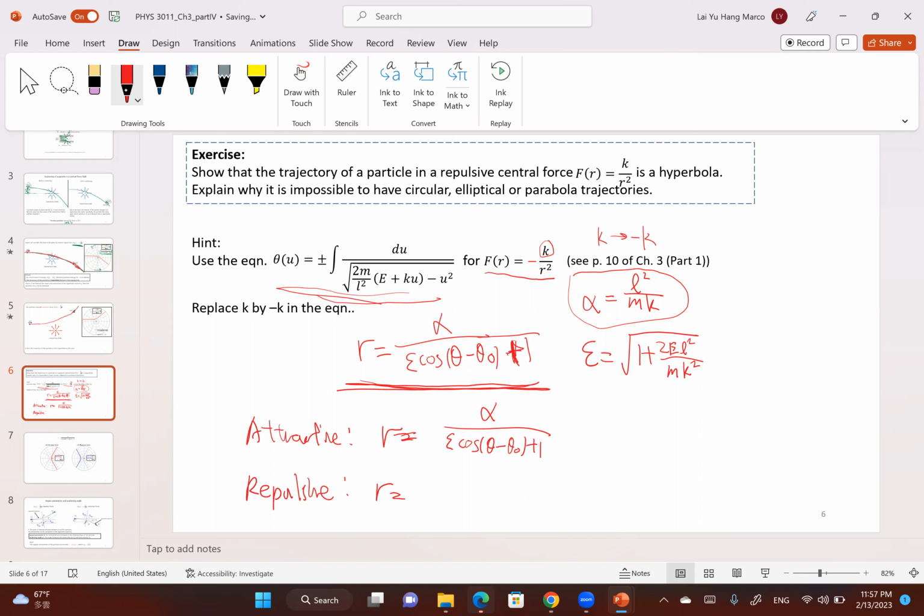This is also obvious. Here we know that for this case alpha is equal to 0, and here alpha is smaller than 0. So if we plot them, what is the difference?